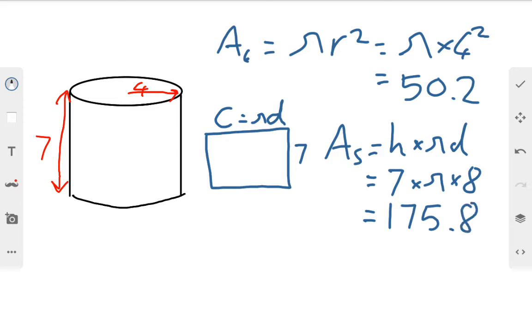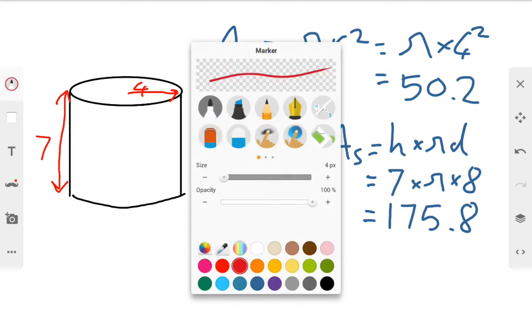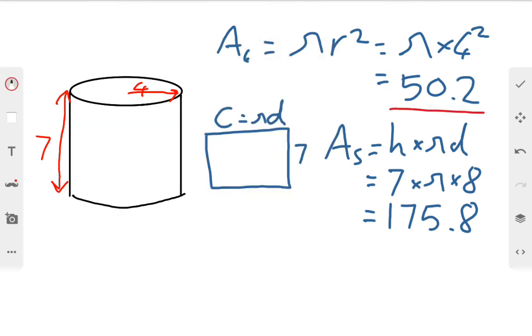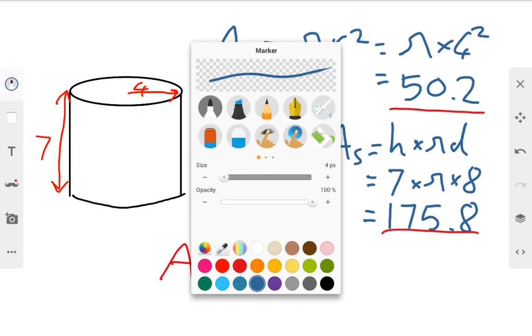So now that we've got our two values for the top and the side, we now need to add them together. But we have to remember that the area total is going to be double the area on the top, because we also have the bottom to worry about.